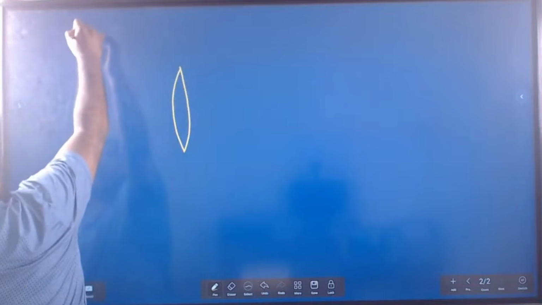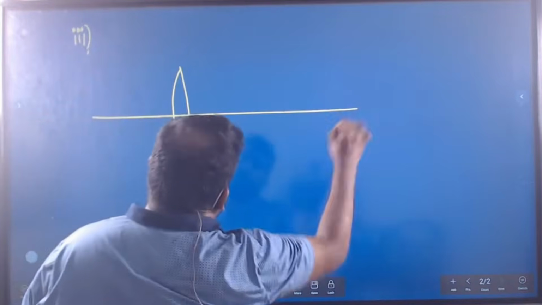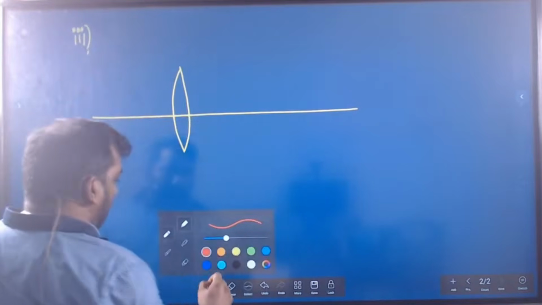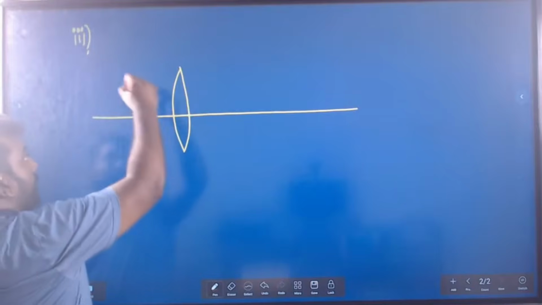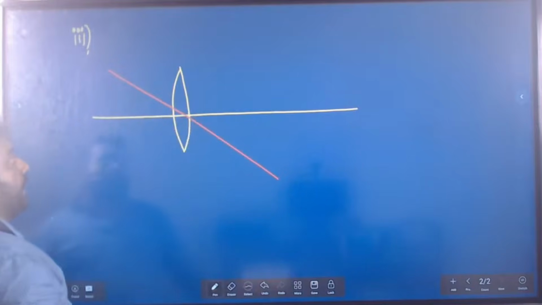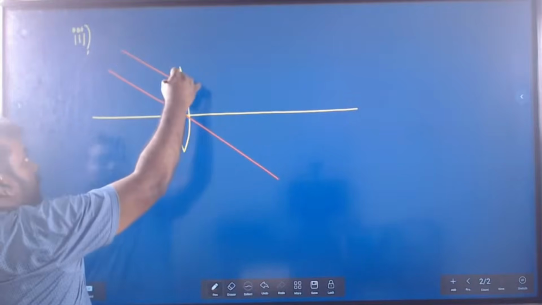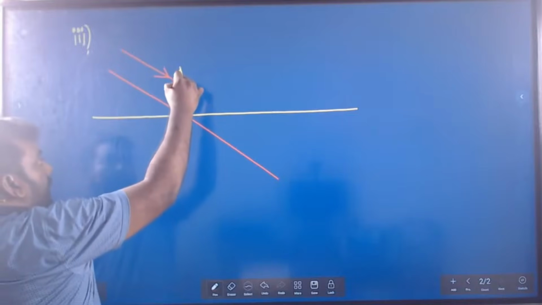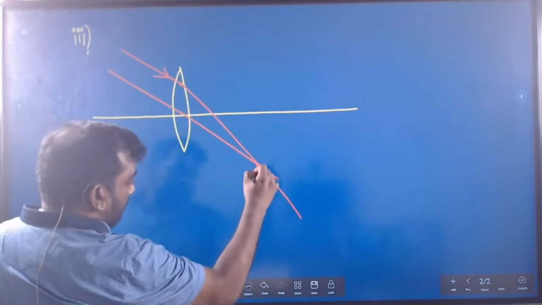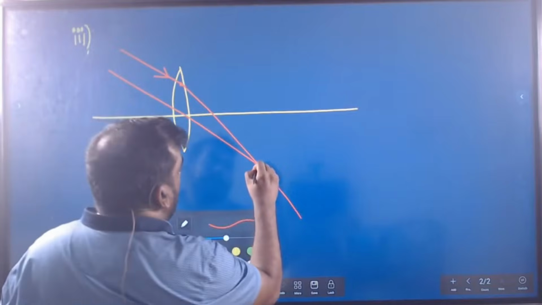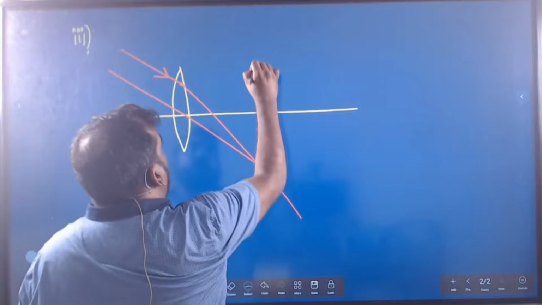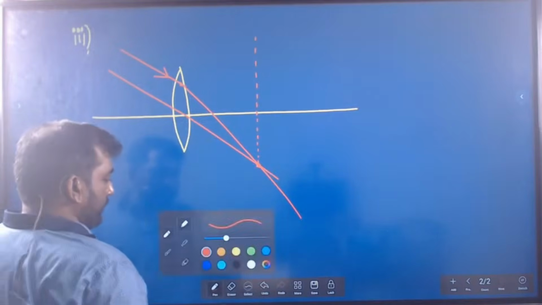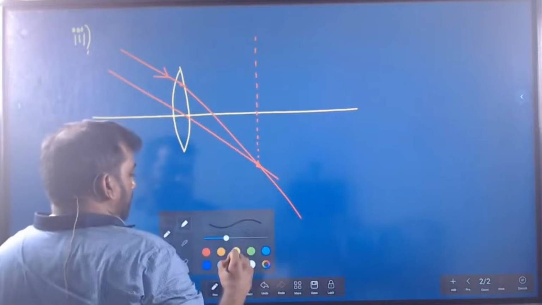Roman 3. Light rays come from infinity and will converge on the focal plane. There you go. This is f naught.